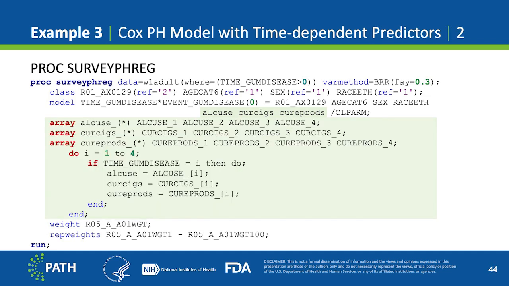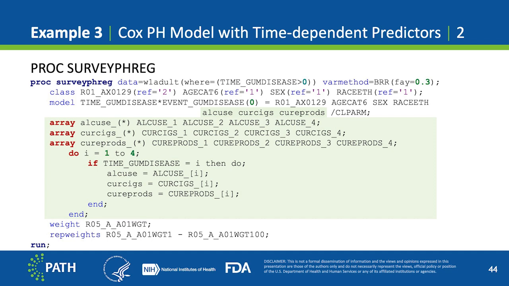There is a nice function that is offered in SAS to handle time-dependent variables. We define 3 arrays for the 3 time-dependent variables. Then, at certain waves, the array variable takes the value of the time-dependent variable at that wave.